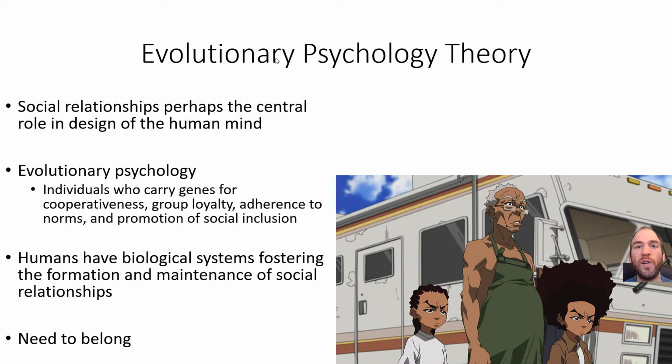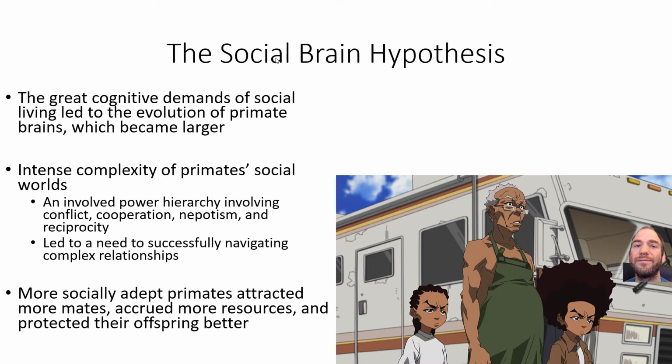And this is reflected on a biological level, where loneliness and isolation have detrimental impacts on developmental outcomes, chronic illnesses, and a breakdown of immune systems, etc. Which leads us to the social brain hypothesis.